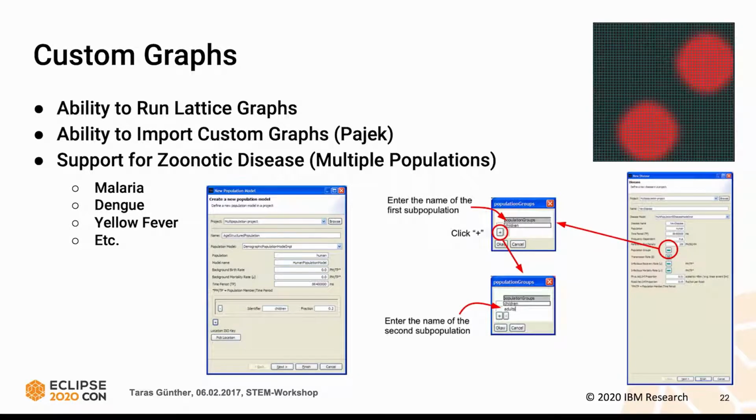In STEM, graphs sit conceptually at a lower level right under models. But for STEM, everything is a graph. It's an abstraction which allows the concepts of countries or highway systems to be mapped. So for example, there are even graphs that might capture the flight of birds if you're interested in a zoonotic disease where the vector is birds.